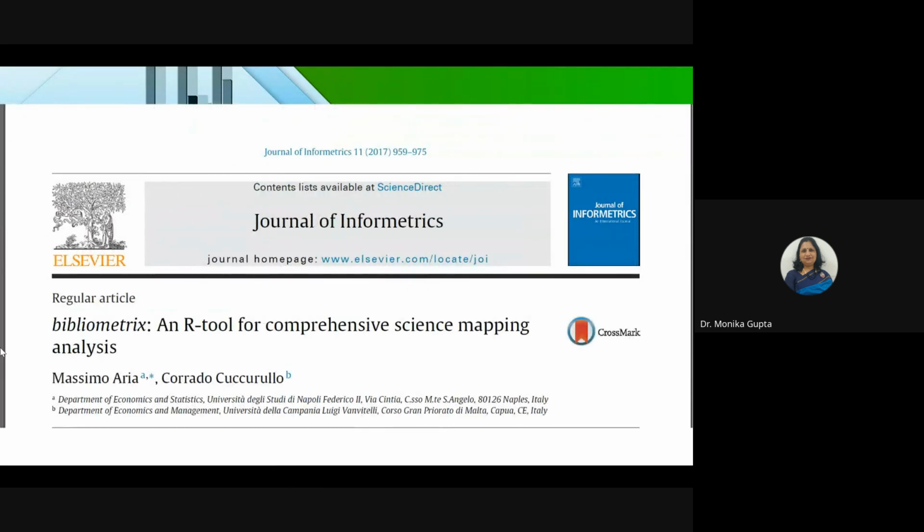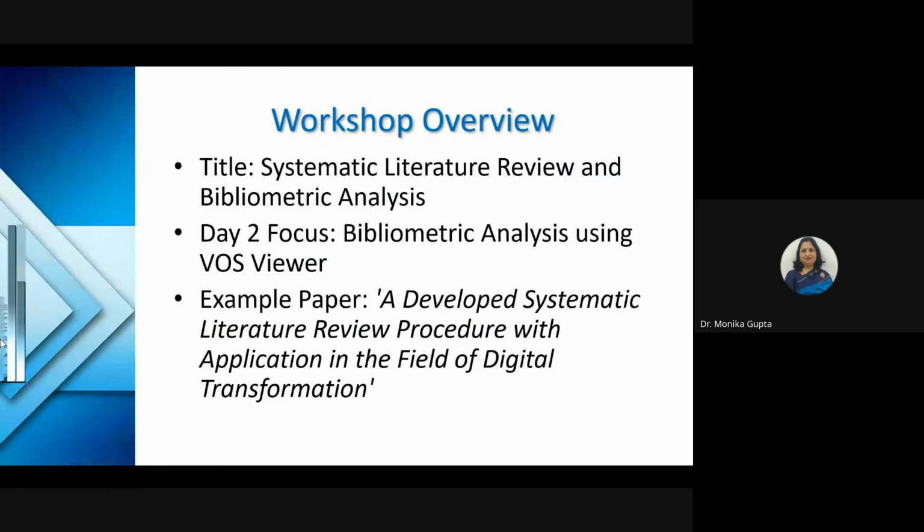This is the paper for understanding of bibliometrix and R tool for comprehensive science mapping analysis by Aria and Cuccurullo. Today, again, we will refer to the paper that we were discussing yesterday. We will continue with the same paper and cover stages 3 and 4. The paper is a developed systematic literature review procedure with application in the field of digital transformation.